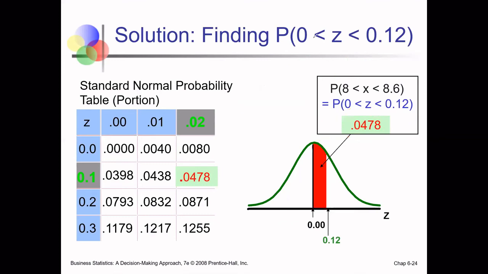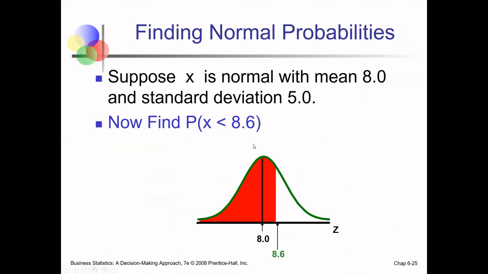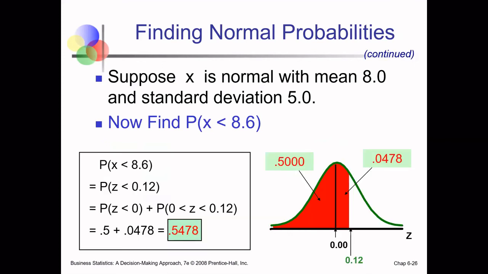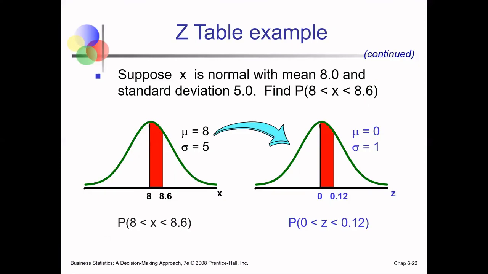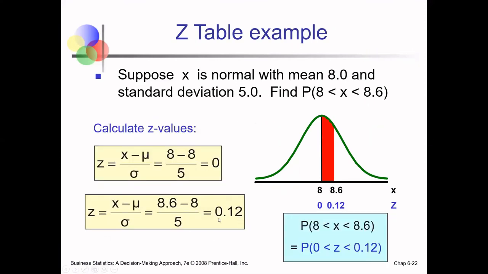So finally, we can say you have completed the first question. Next question: we have the probability that x is less than 8.6. Recently we have seen that for 8.6 the value is 0.12. Have you seen this one, the last one? When we put 8.6 we get 0.12, right?